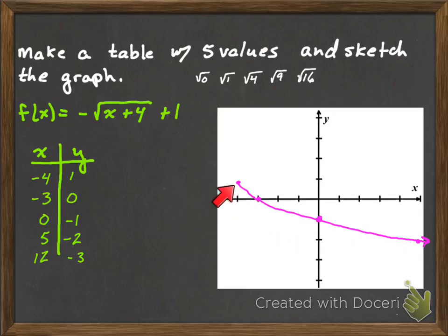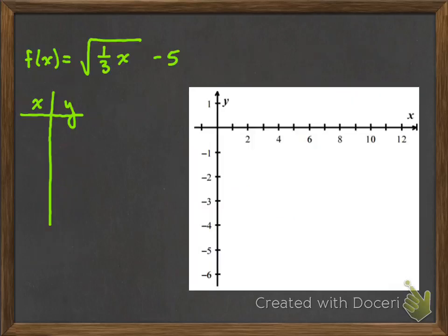All right, so the negative did not affect the location of the endpoint. It just changed the direction of the graph. The only transformations that will affect where the endpoint is located are your shifts. Okay. All right, so let's take a look at the next one here.